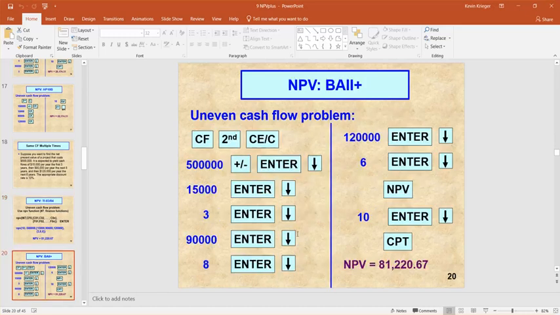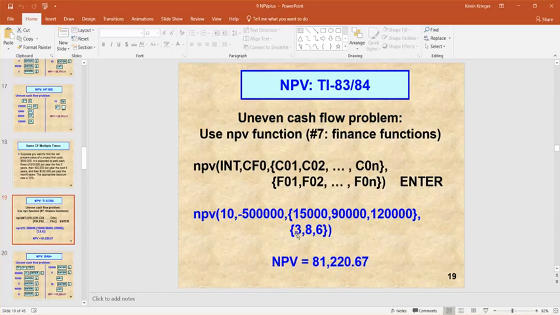Whereas if you're on a BA2, I actually think the interface is probably even friendlier to let you know to use the frequency shortcut, because as you scroll down after entering these pieces, the calculator is automatically set to ask you how many. It'll say F01, like frequency 1. How many 15,000s do you want, for example? Well, I want 3 of them.